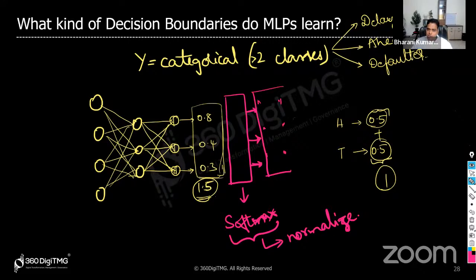But when you add up those numbers, the summation will be equivalent to 1. The moment the summation of all the values is equivalent to 1, you know that they are probability values. Okay, so that is why when you have more than 2 categories, we use softmax, and that is the purpose of softmax.